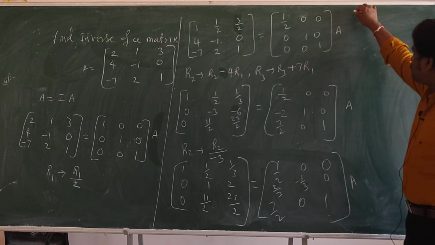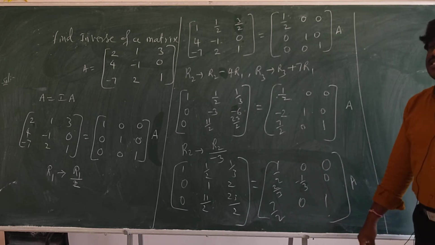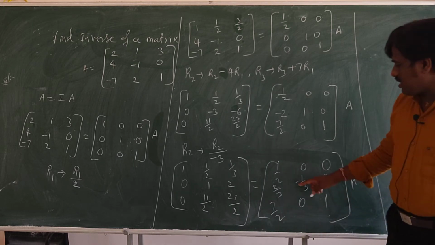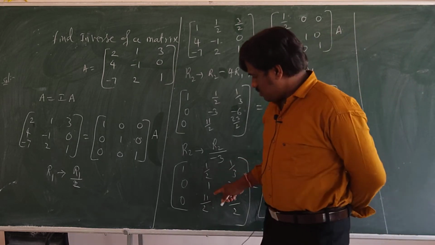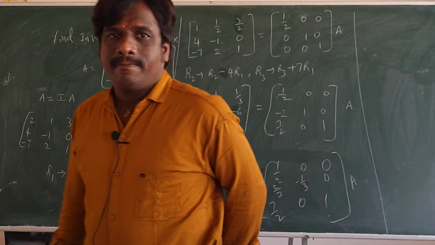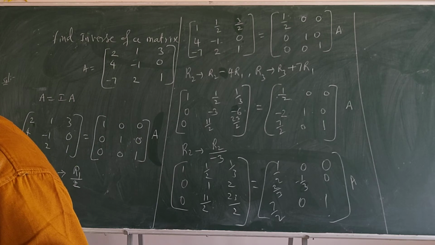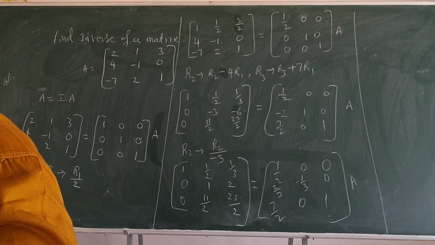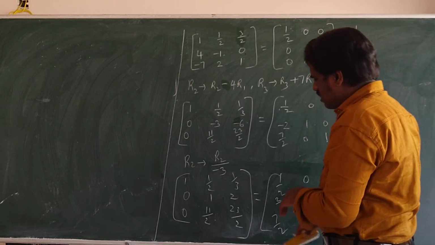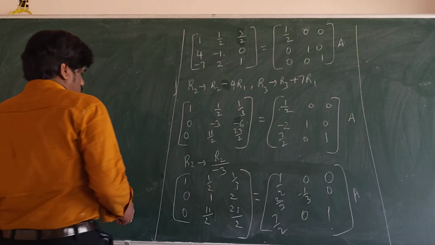Then what do I have to do next? We have to make these two zeros, using this. Note it down, I'll do it. So next, we can take these two zeros.